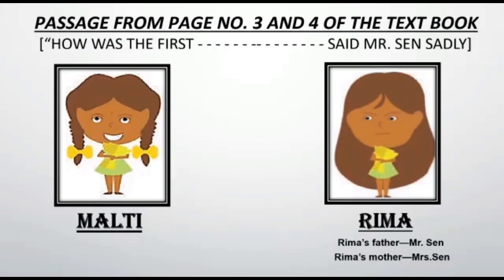The story revolves around Rima, a city girl who tried to bully a new student, Malti, who was from a distant state and took admission in Rima's school. Now let's proceed to our story.